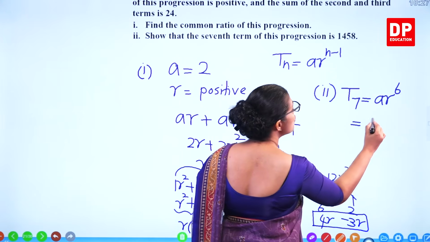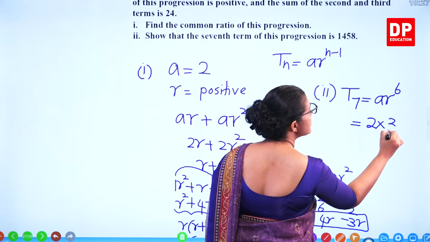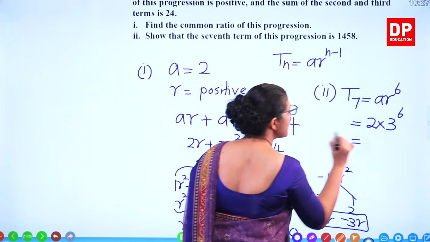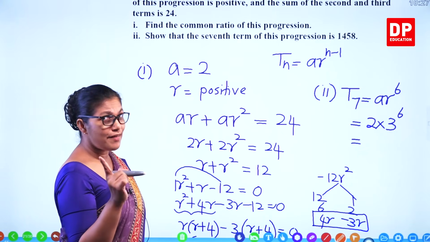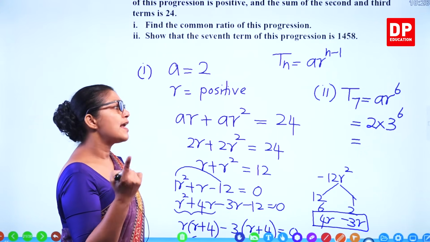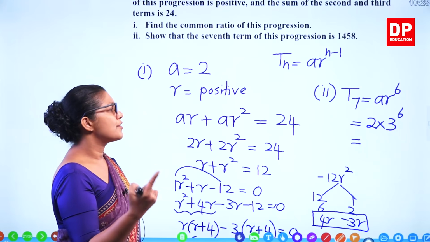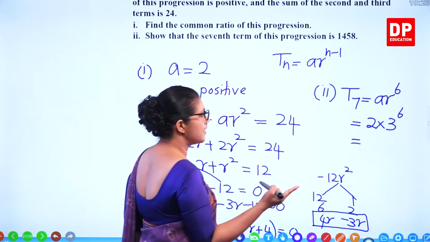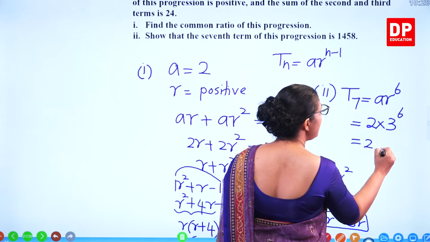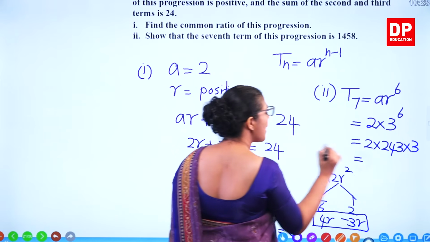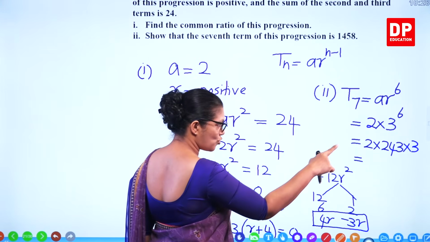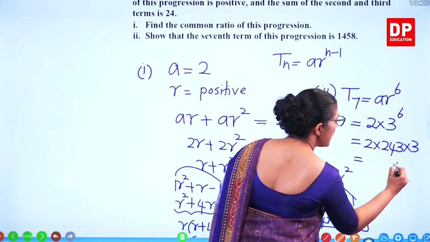The first term is 2, and we found r is 3, so 3 to the power 6. We know 3 to the power 5 is 243, and 3 to the power 4 is 81. 81 times 3 is 243, and another 3 is there. So multiply by 6 and see.